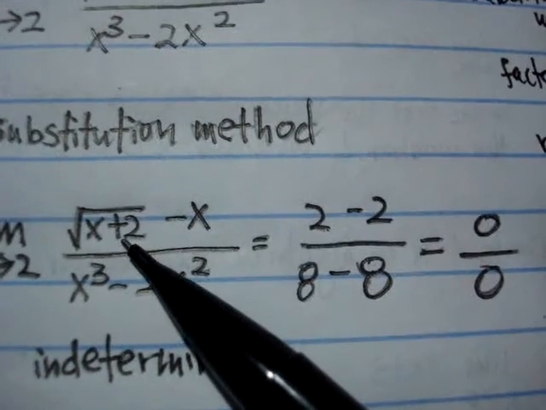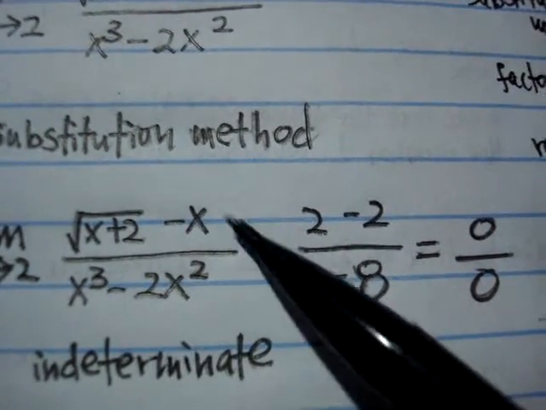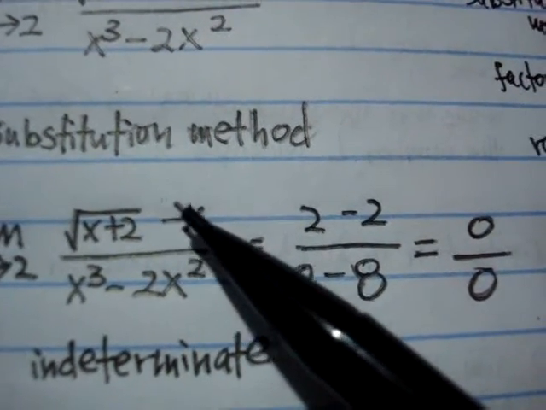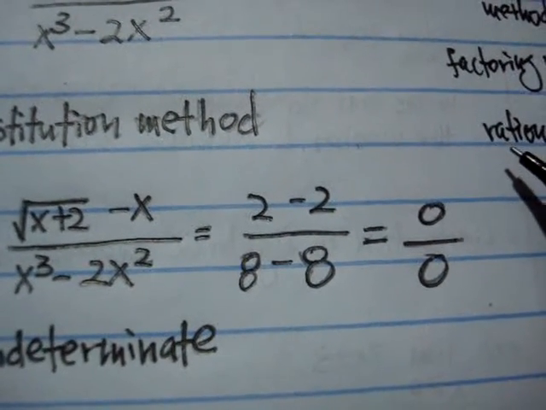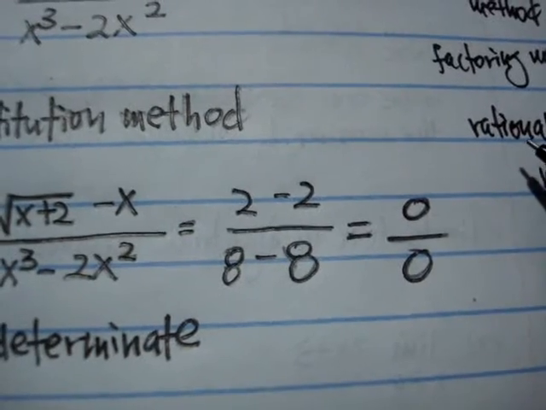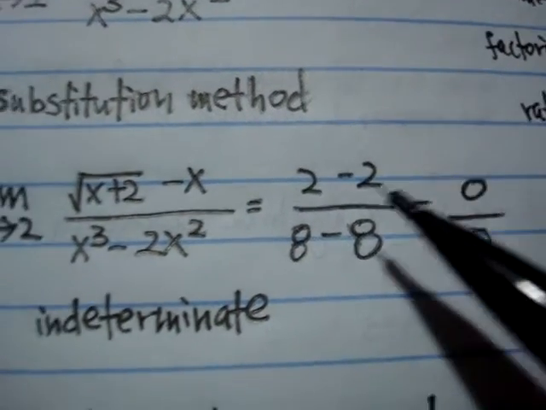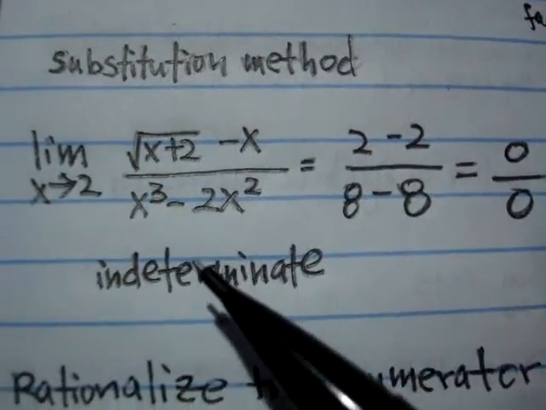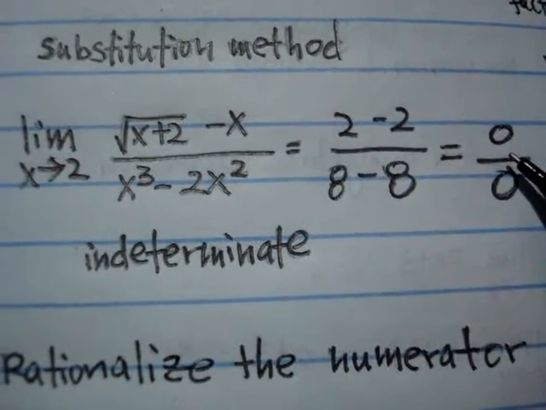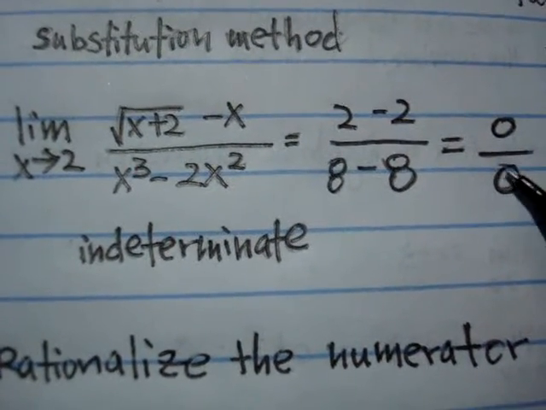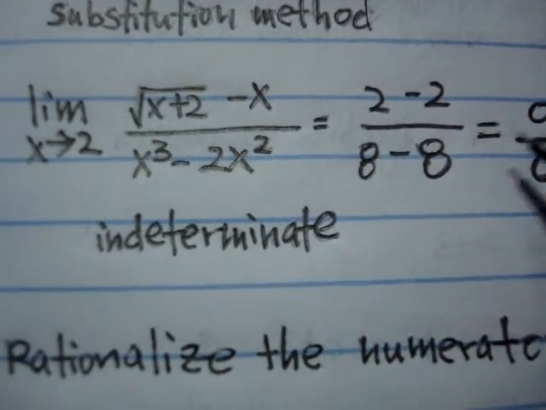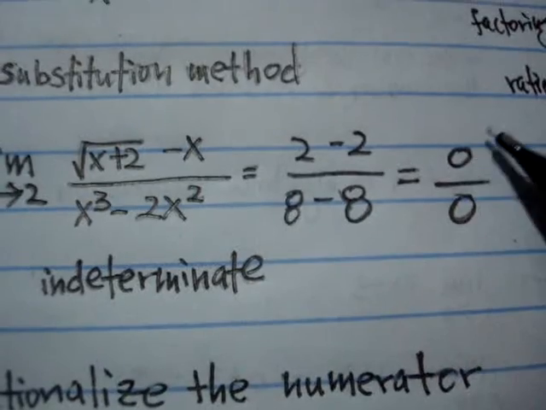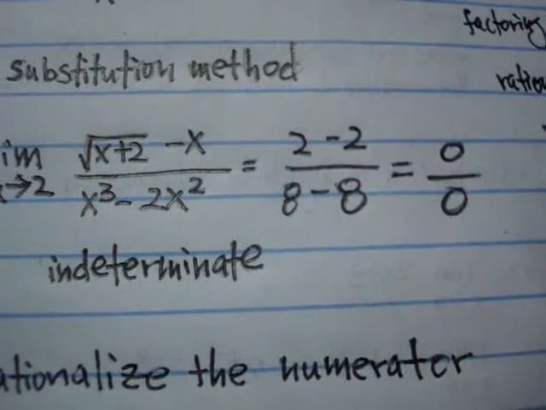But since this one has a radical, it's better to utilize the last method, rationalizing. Since you have 0 divided by 0, that means you did not get a constant answer. So you have to use another method, which is the rationalizing method.